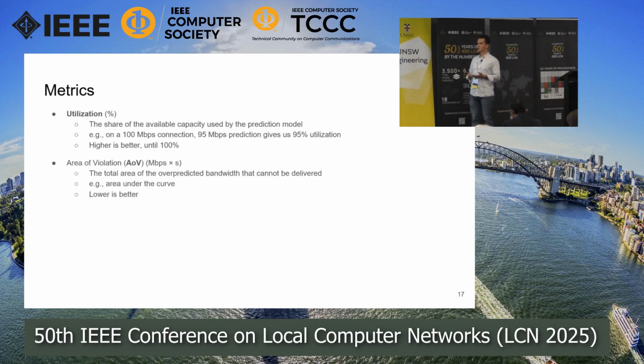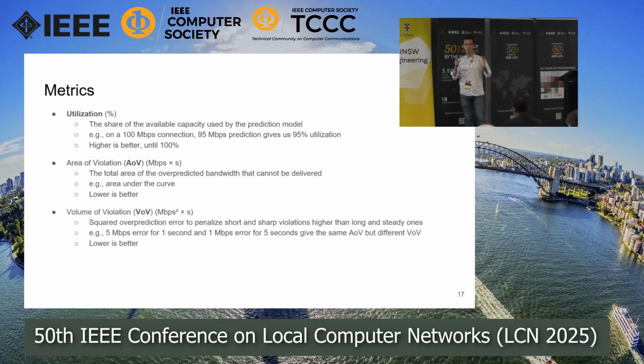The first parameter that we are going to discuss is the area of violation. This is the total amount of area that you are sending with over-prediction, which is basically the area that results in packet loss. This could be considered as the area under the curve. Imagine a line where your prediction is above the capacity, and this results in an area. But there is one big problem.